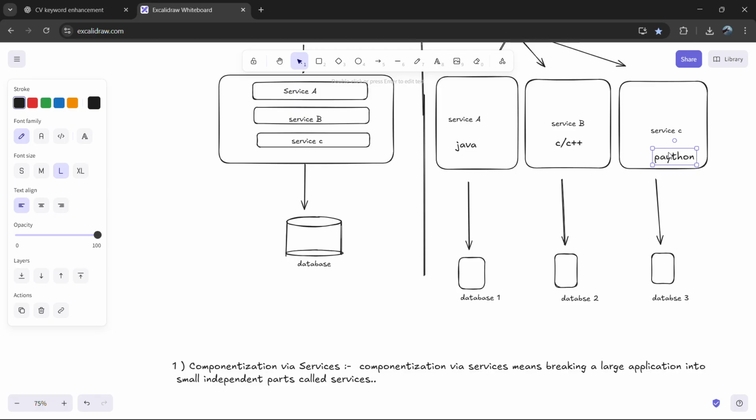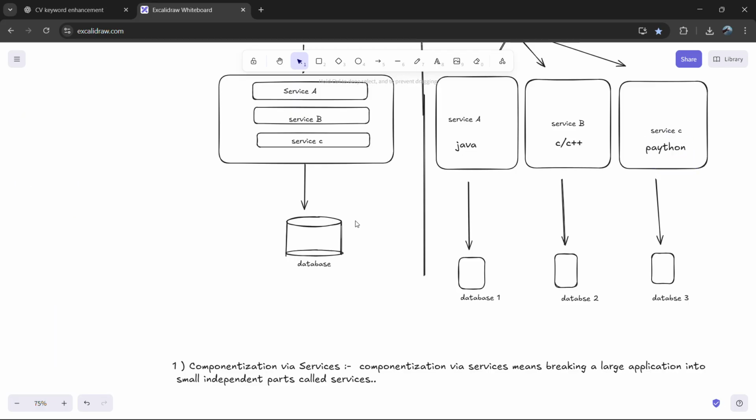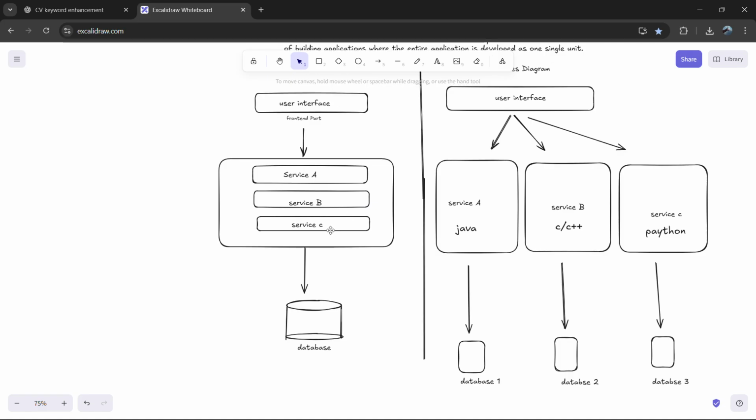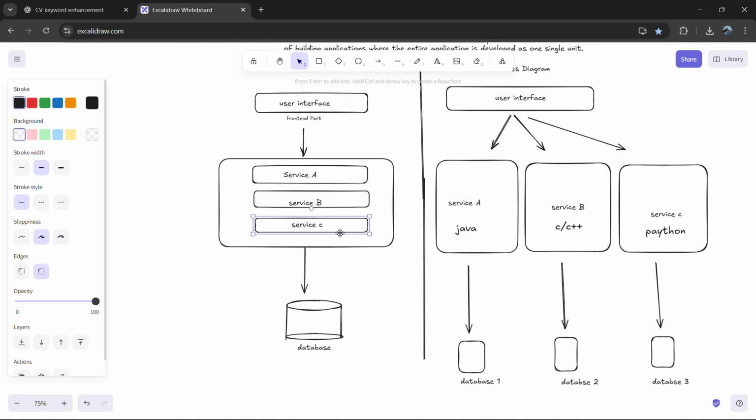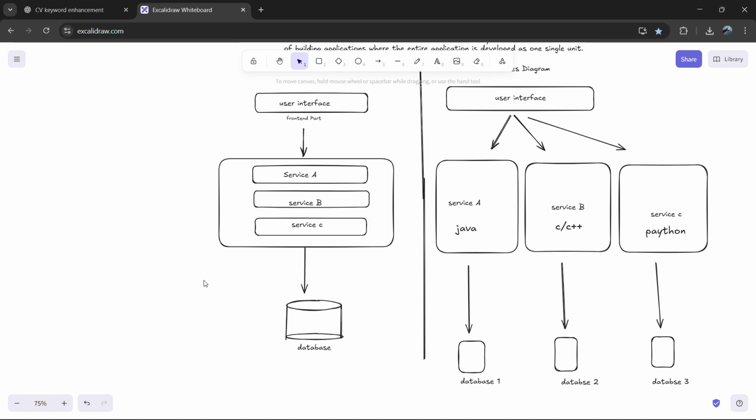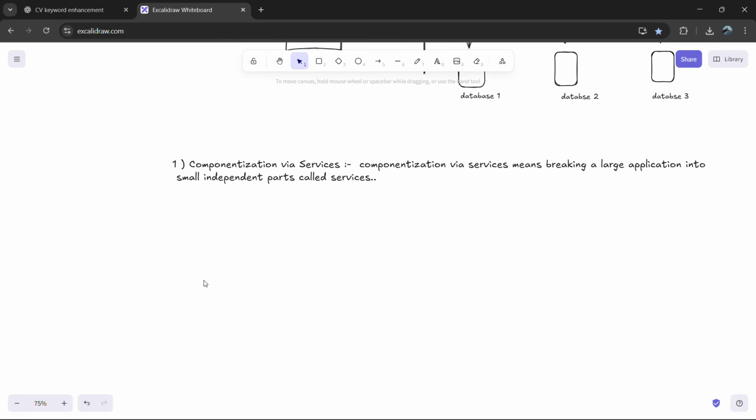But in monolithic architecture, we have to write all the code in the same language. Okay, so this is the first concept of microservice architecture.